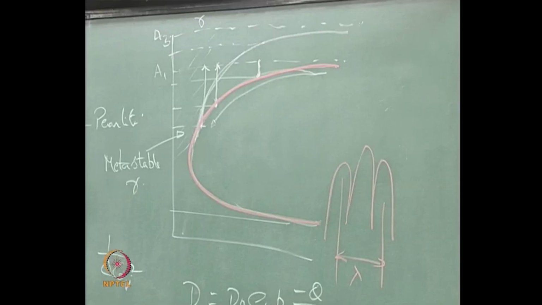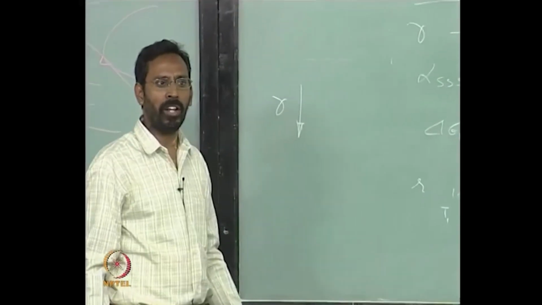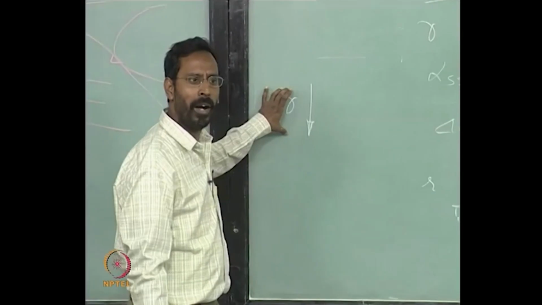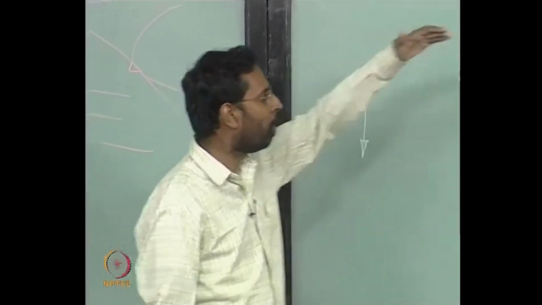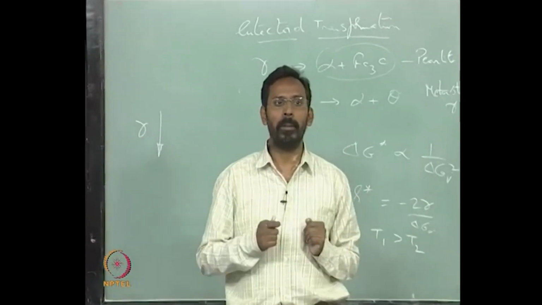That is what you will see, that if I keep on undercooling the austenite, carbon initially can diffuse faster at higher temperature, but iron cannot diffuse faster. So what happens is, when you are cooling gamma to a certain temperature, the temperature has come down to such an extent that atomic diffusion is becoming difficult.